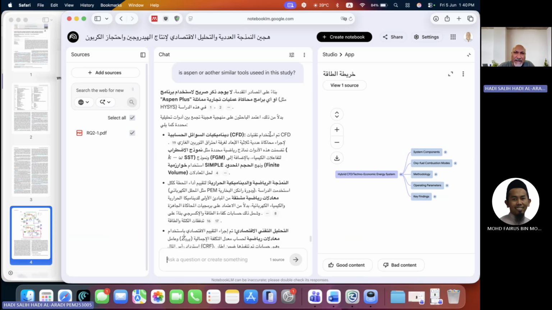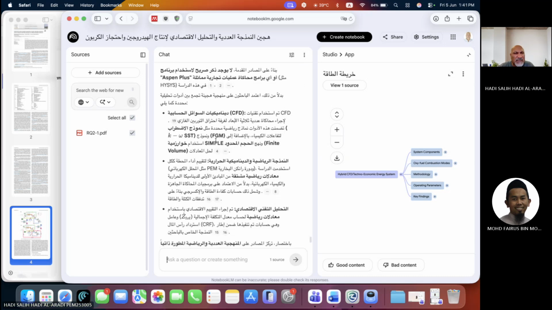They said they used CFD for the fluids, to make a three-dimensional simulation for the combustion chamber, and it included models like K epsilon and K omega SST, with finite and simple limited volume and a hierarchy volume for solving the equations.